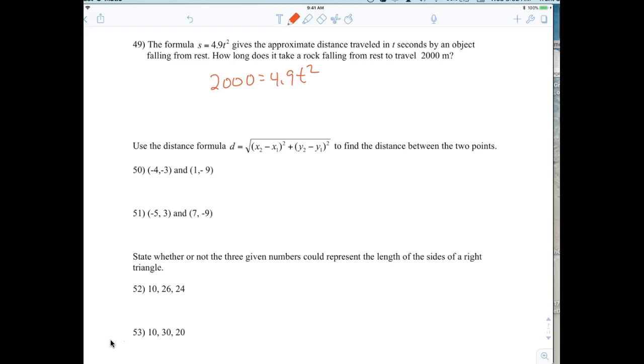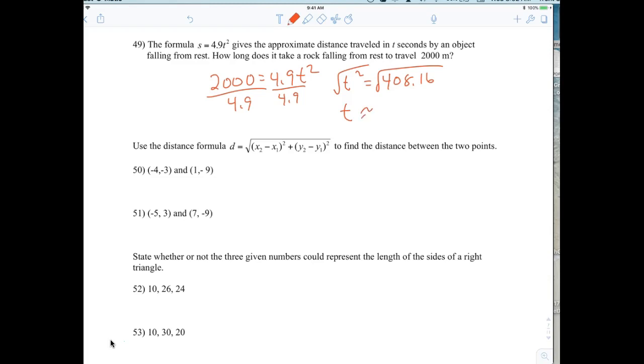First thing I need to do is do what? Divide by 4.9. So t squared is equal to, somebody tell me what that is. 408.16. Thank you, 408.16. Then we just take the square root of that.